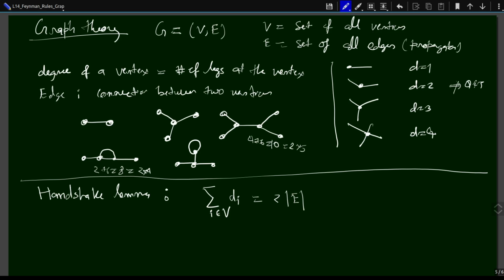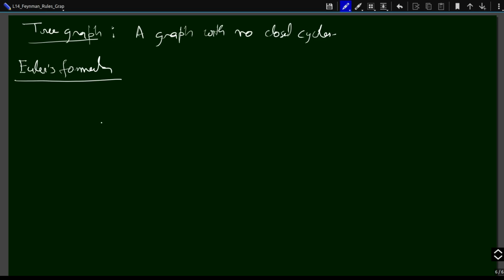Number of edges is 1, and number of vertices is 2. So Euler formula step 1 that I will write is for a connected tree. Connected tree means there is only one tree. Two trees sitting next to each other will be called a disconnected tree, because it satisfies there are no cycles.